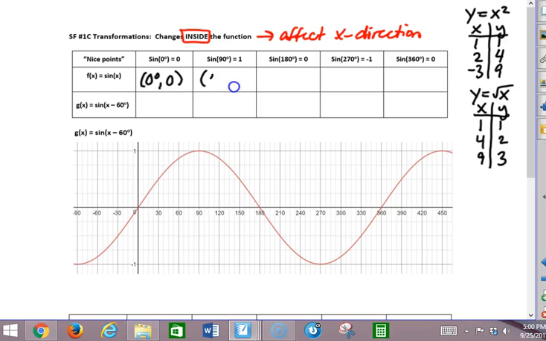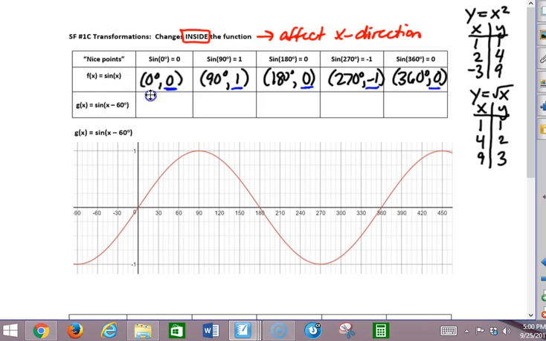When I put in 90 degrees, I get the nice point 90, 1. When I put in 180, then I get 180, 0, 270, -1, and 360, 0. So my nice y values that I want are 0, 1, 0, -1, and 0.